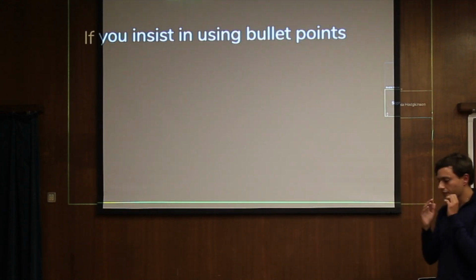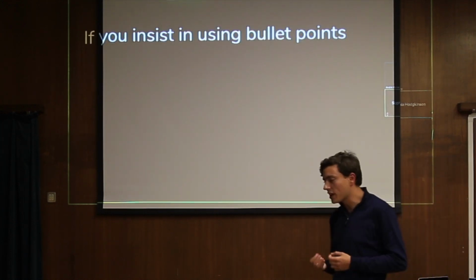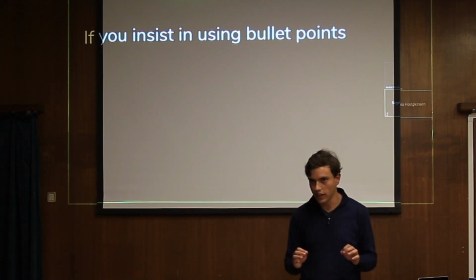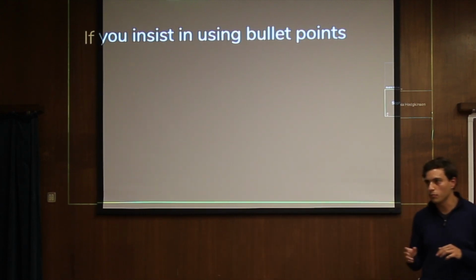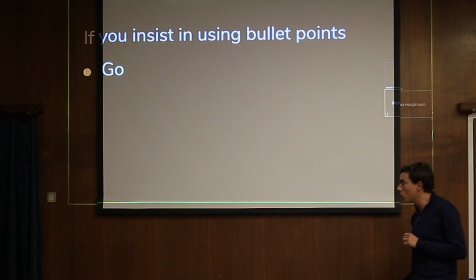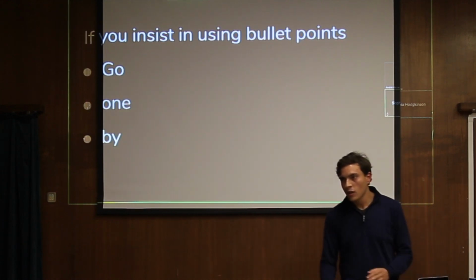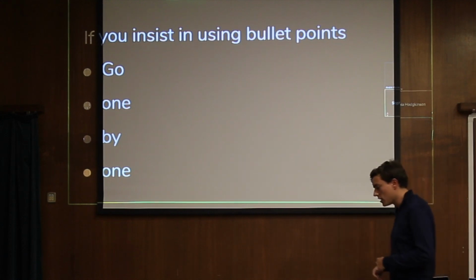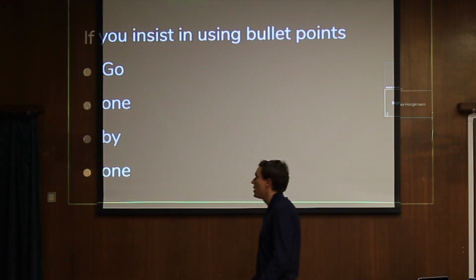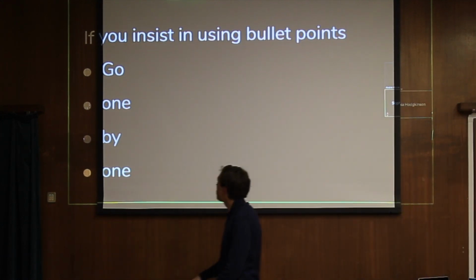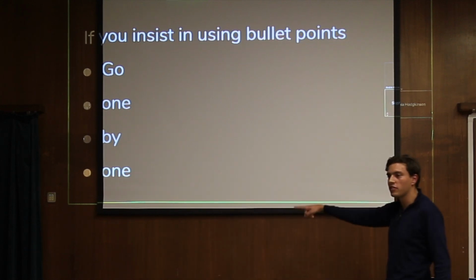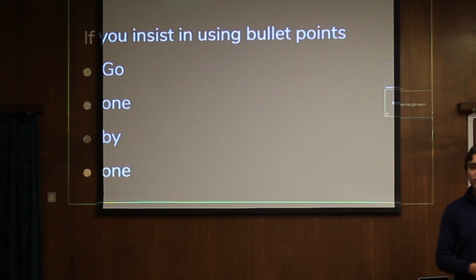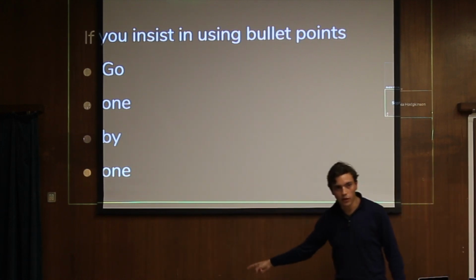Then, like I said, I recommend that you only do one message per slide. But if you do insist on using bullet points, please go one by one. Because again, what will happen if I come here, for instance, talking about the benefits of reusable space rockets, and I put in 15 bullet points of advantages of space rockets, what will you do? You probably will go and read the 15 bullet points.